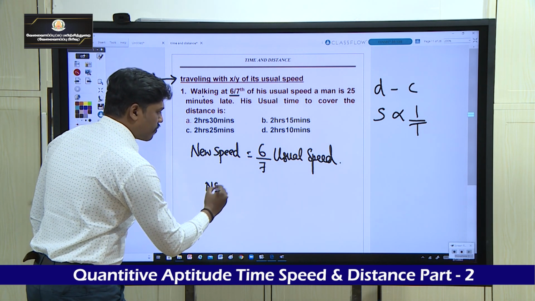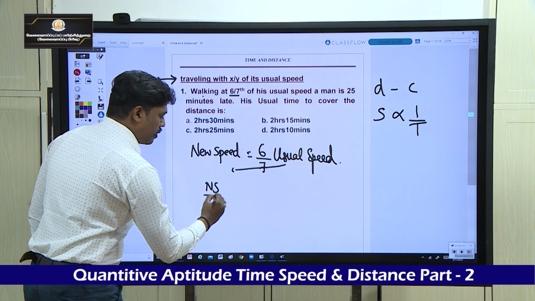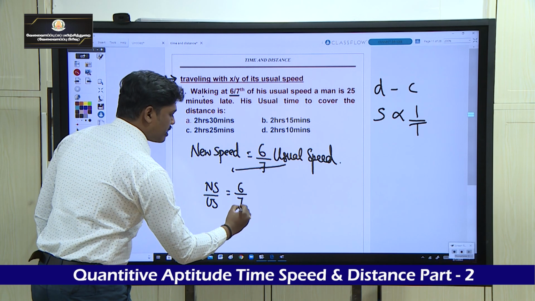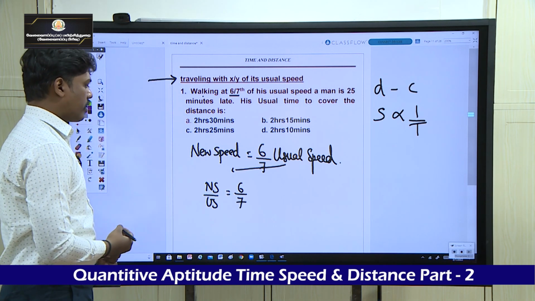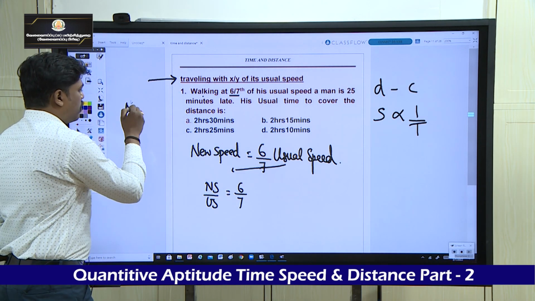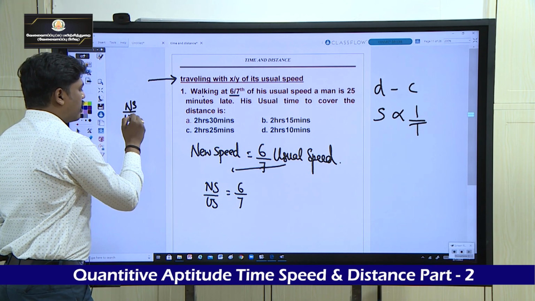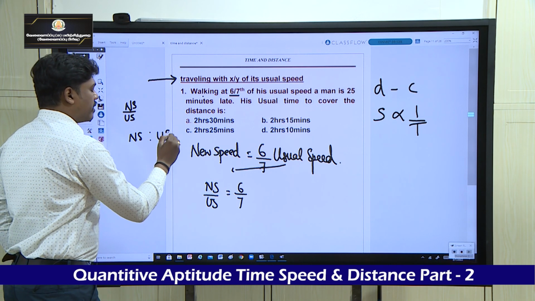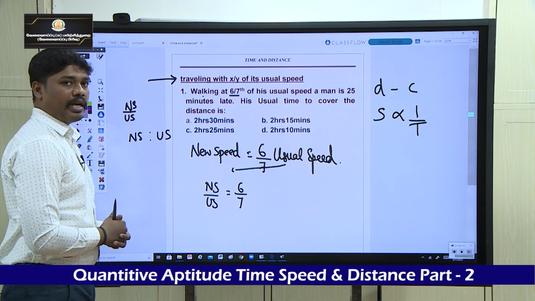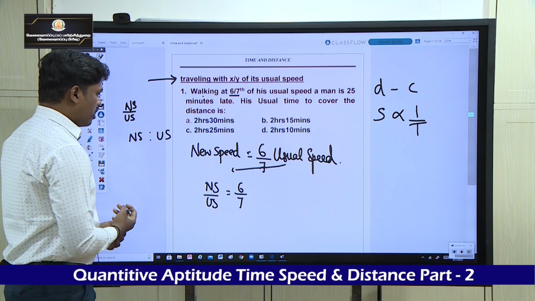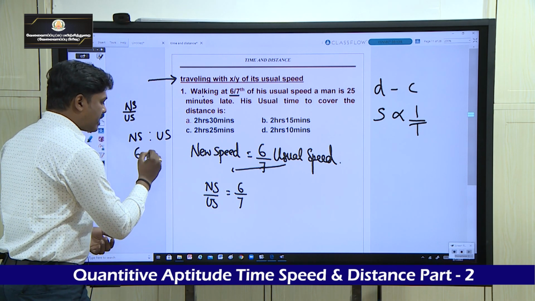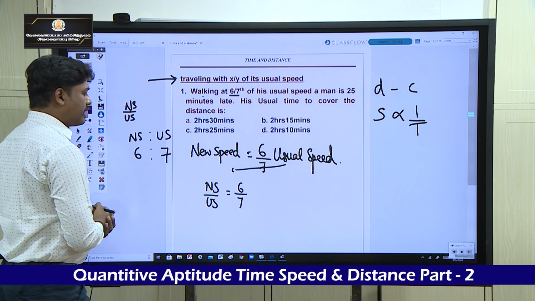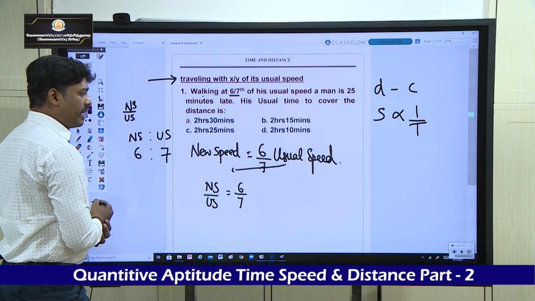New speed divided by usual speed is equal to 6/7. So A by B means it is in terms of ratio A is to B. So here new speed is 6 and the usual speed is 7. It is in terms of speed.